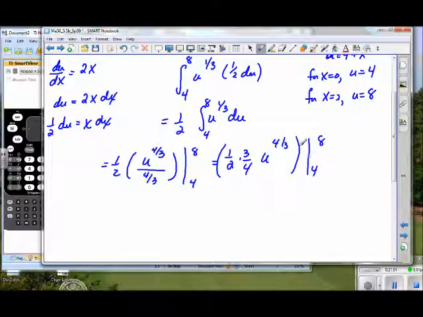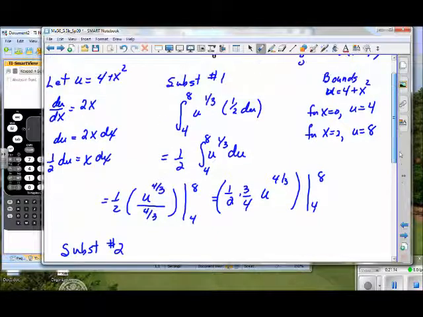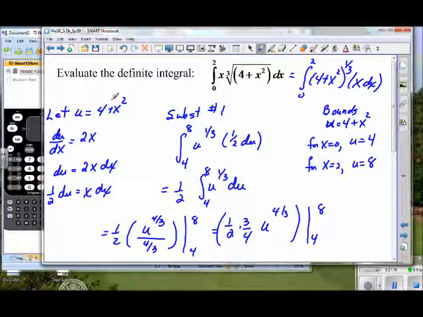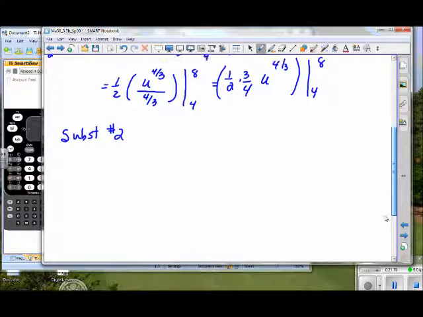Now, as an integration problem, we know we need to go through and put the upper bound in and then the lower bound, but before we do that, let's go back and do our substitution number 2, which is that in place of u, we're going to put in 4 plus x squared.